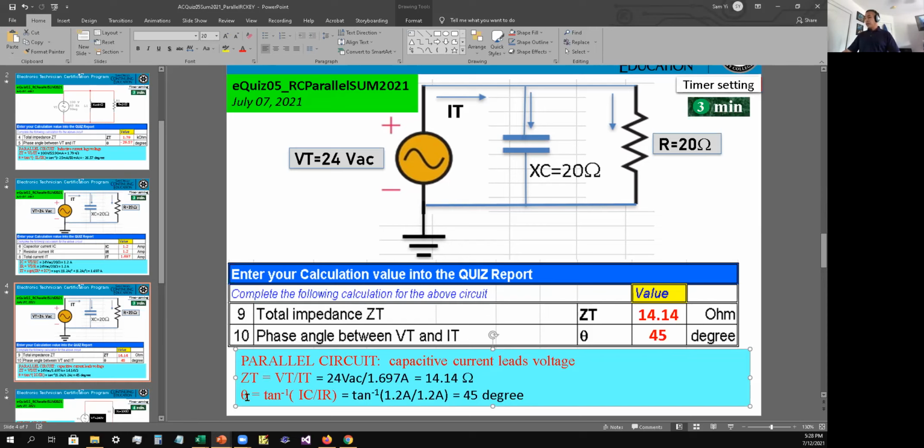So the angle equals arctangent of the quantity IC divided by IR. So arctangent of 1.2 amps divided by 1.2 amps, which equals 45 degrees. So your angle, your theta, is equal to 45 degrees. Any question on this one?